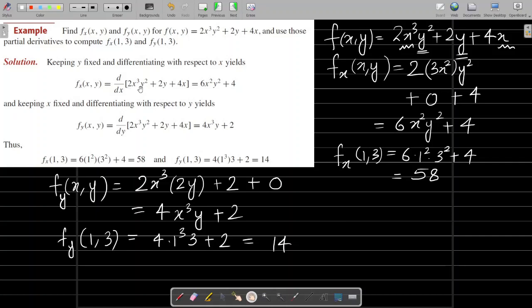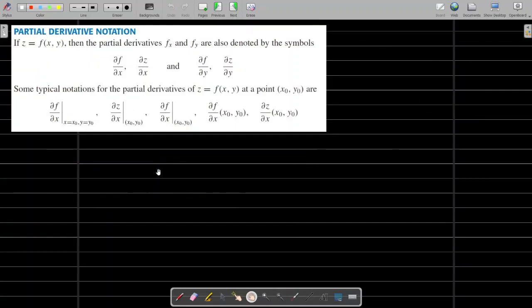Here 2y square is a constant, derivative of x cube is 3x square. Here 2y is a constant, so differentiating with respect to x, it becomes 0. Here for 4x, the derivative with respect to x is 4. So we are getting 6x square y square plus 4. Similarly, we did the second question also, and we found fx at 1, 3 and fy at 1, 3.